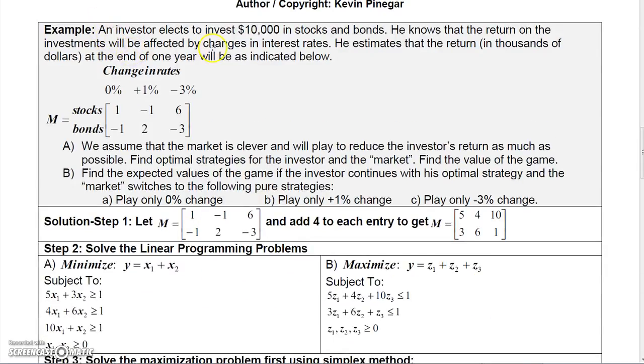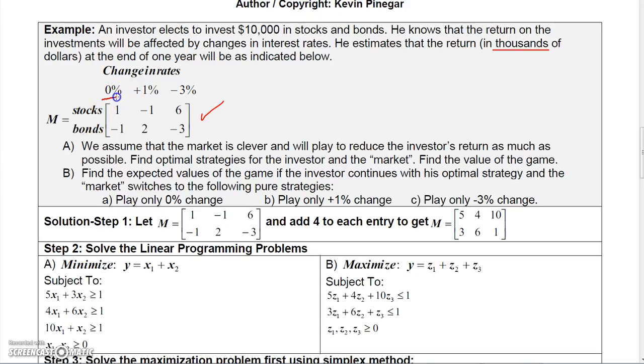Okay, this investor elects to invest $10,000 in stocks and bonds. Now he knows that the return on the investments will be affected by the change in interest rates. He estimates that the return, remember this is in thousands of dollars at the end of each year, will be indicated as below. So this matrix here represents the return based on the change in rates.